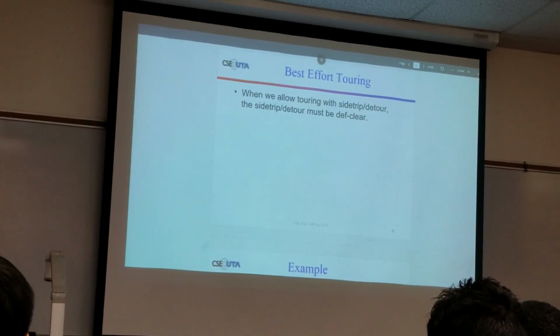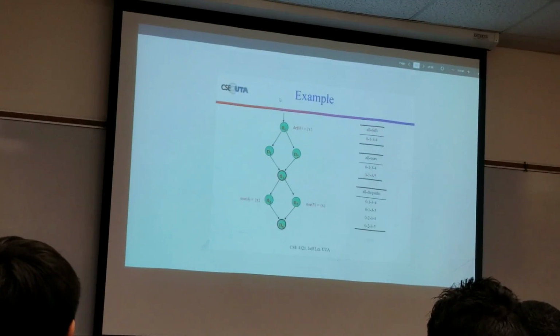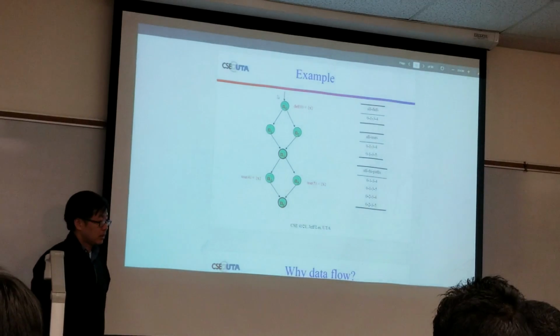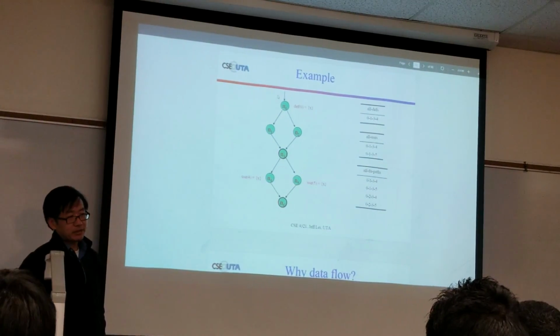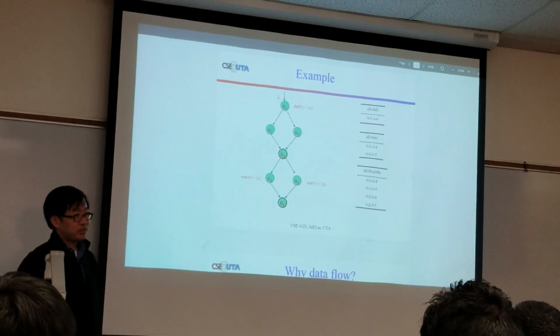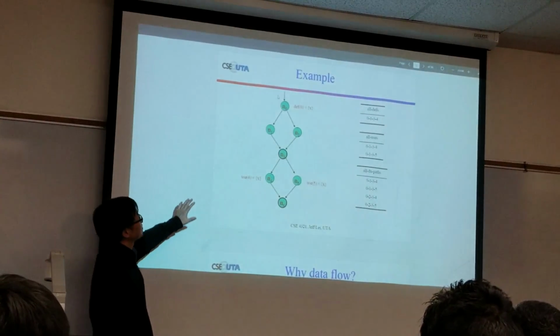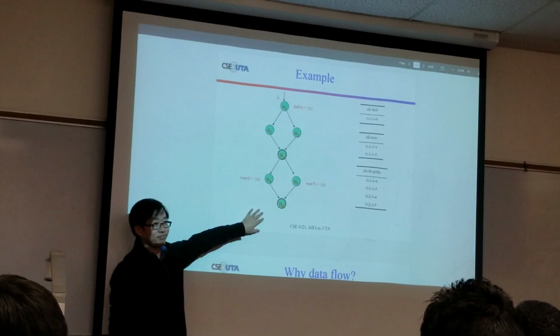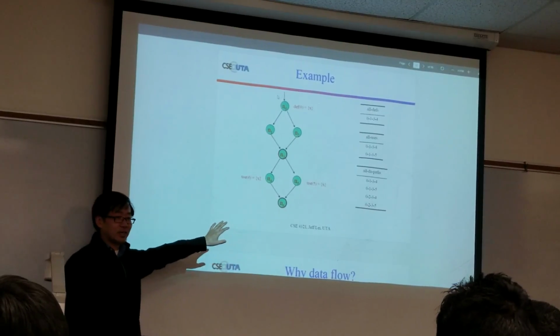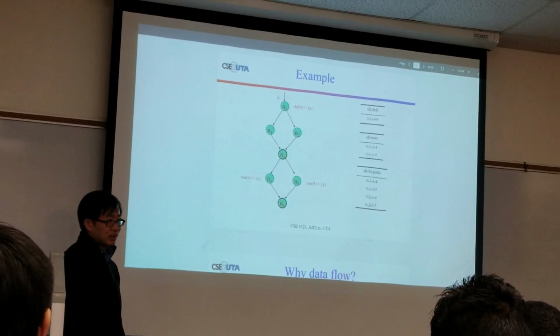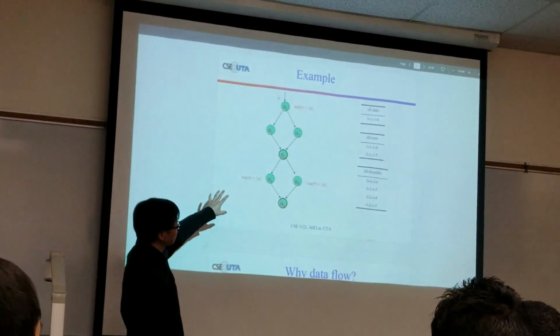Okay. Let me show the example first, so that you can get a better idea to see the differences between the different criteria. So this is a control flow graph. And again, we're not looking at the code. We look at just the graph structure.